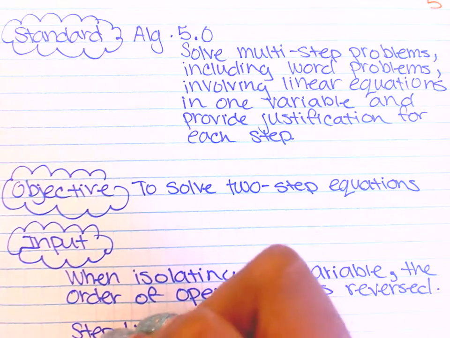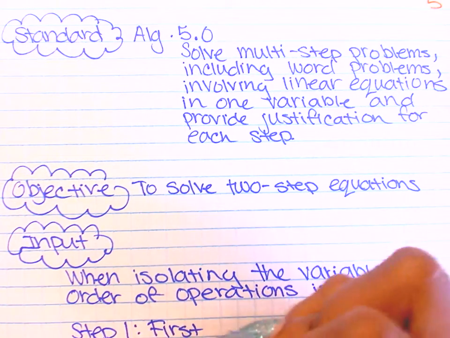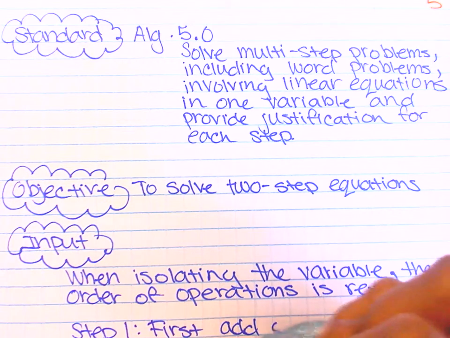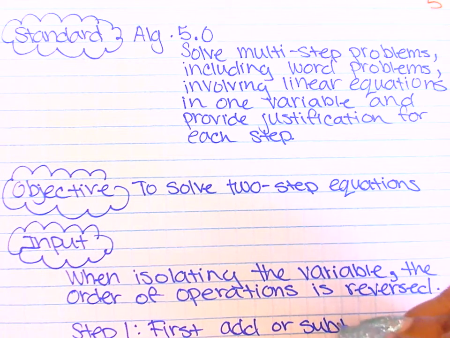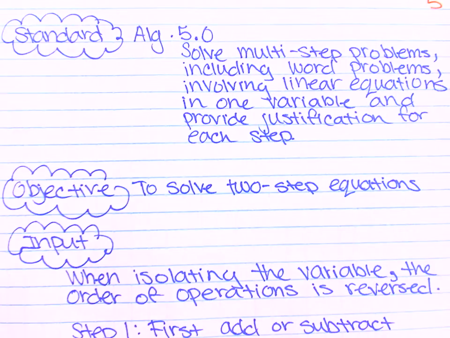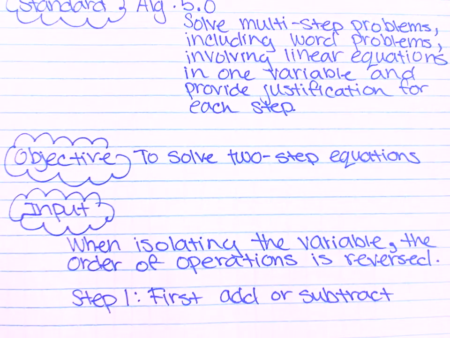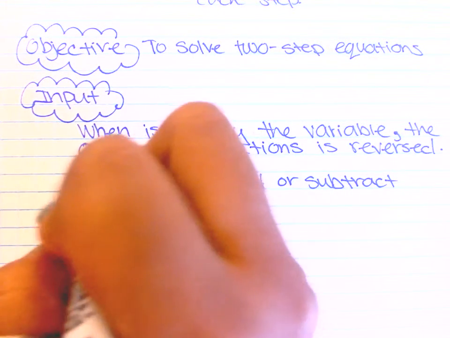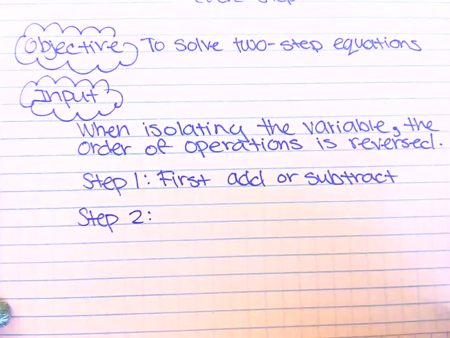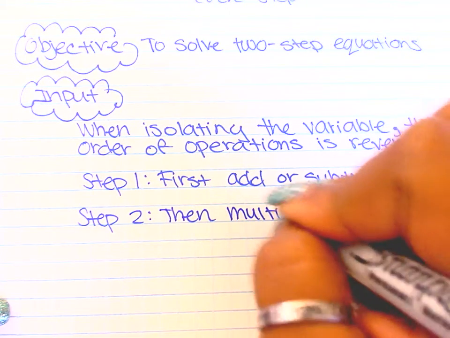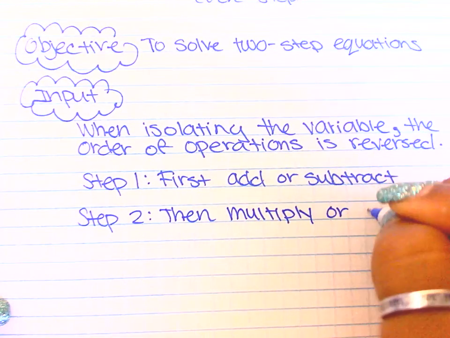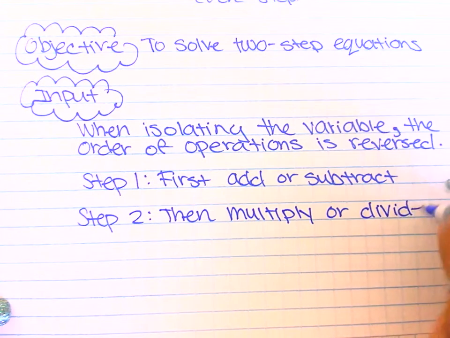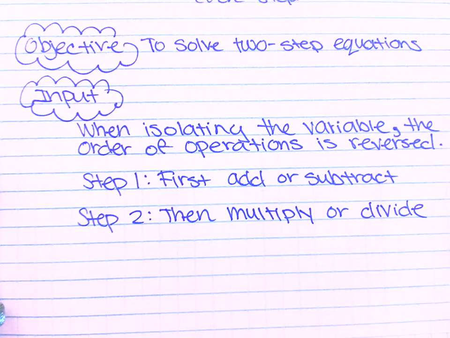Step one, you're going to first add or subtract. And then after you add or subtract, then you multiply or divide. So it's reversed when you do a two-step equation.